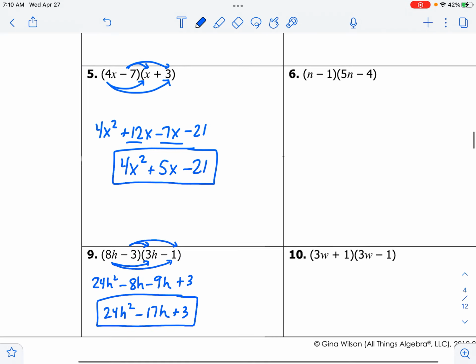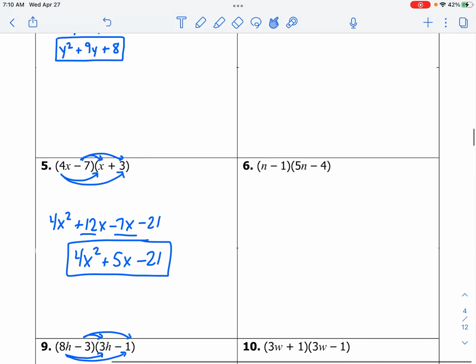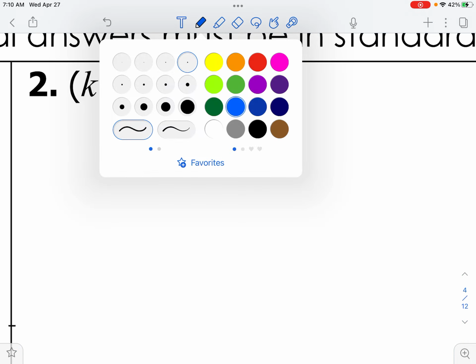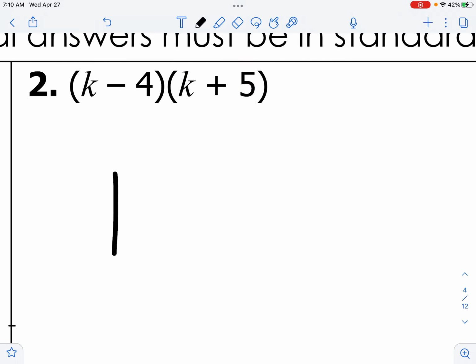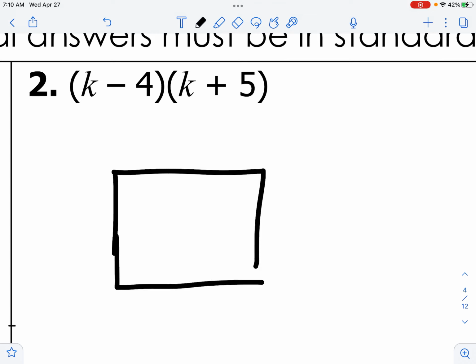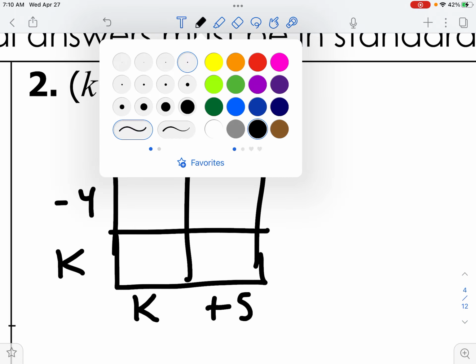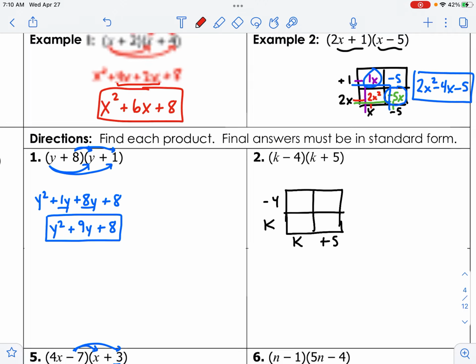Now, on this side over here, I'm going to go through and do these using the generic rectangle. All right, again, I don't care which method you use. I encourage you to choose a method and always use the same one to get used to it. All right, so k minus 4, k plus 5, and then it's a times table. I'm multiplying to get the insides of the rectangle.